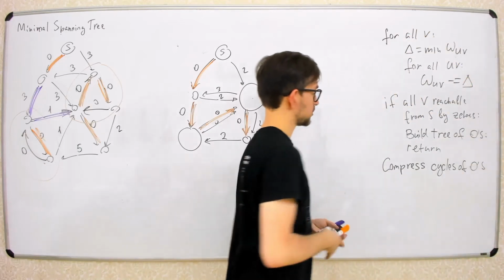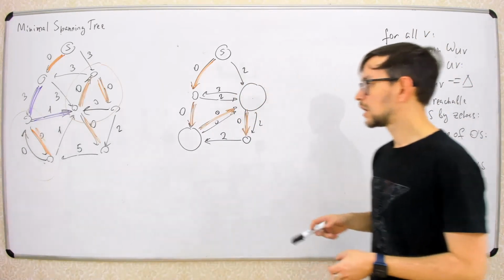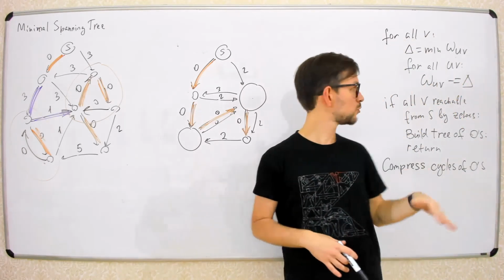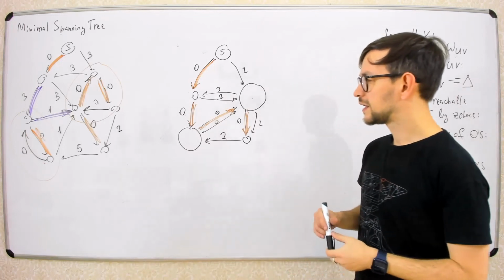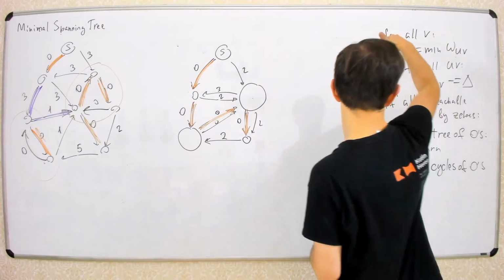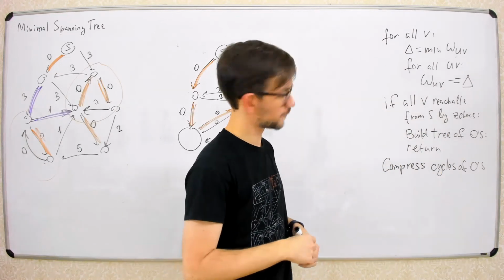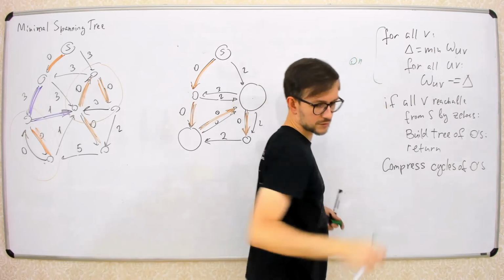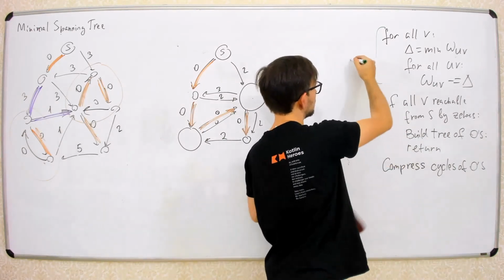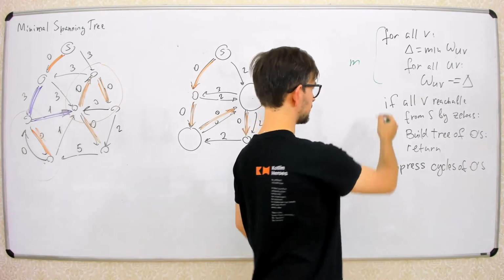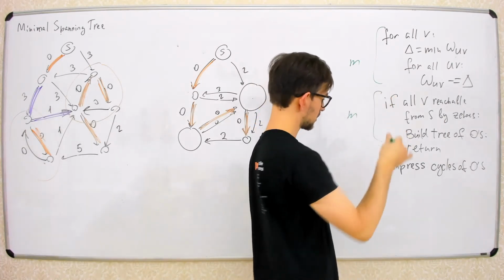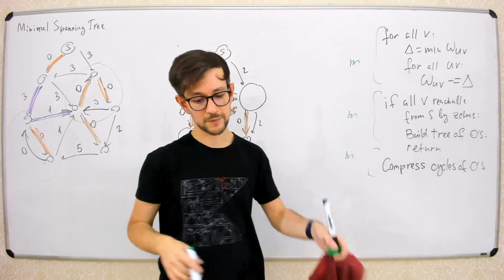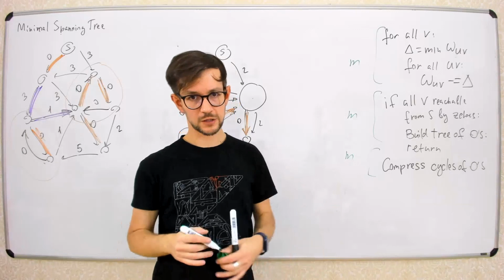If you do it using this simple procedure, just each time doing all this, then the total complexity will be like this. All of these can be done in linear time. So I claim I can do this in linear time, just say M. You can check this in linear time, and you can compress cycles in linear time, because everything else is linear time.